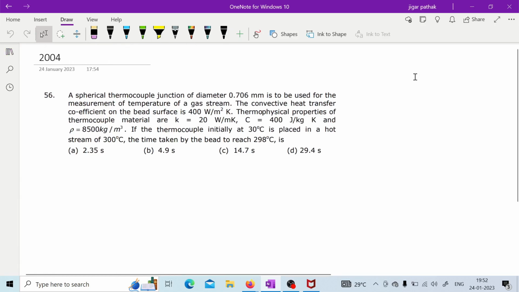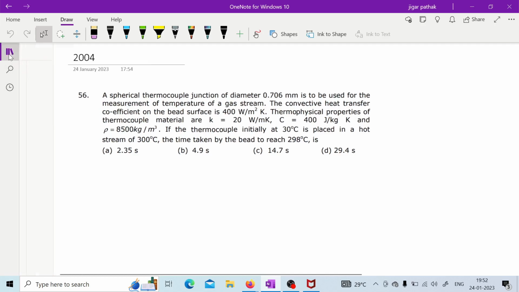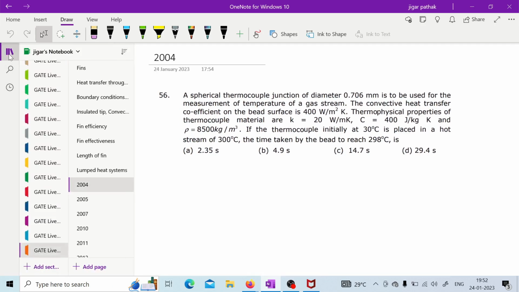Sir, in that previous formula, is the time constant rho V c by h A or h A upon rho V c? h A upon rho V cp. Then there will be e raised to the time constant. Does the time constant have units or not? That I need to check.